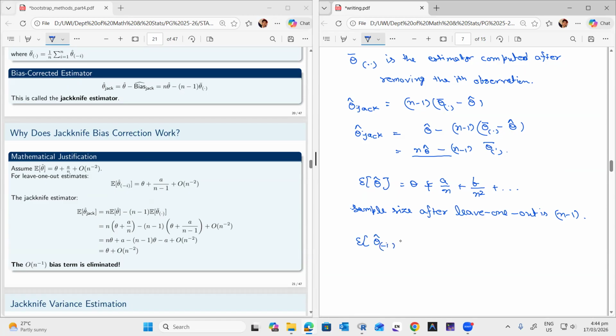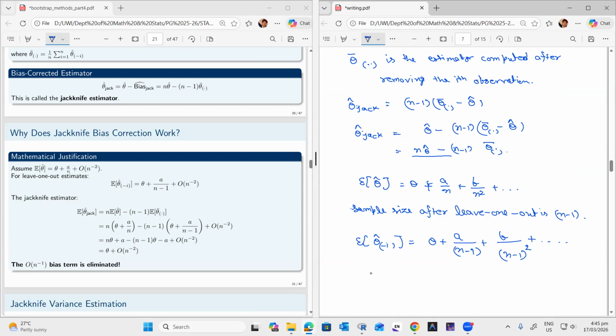The ith observation we are going to remove, that will be theta plus a upon n minus 1 plus b upon n minus 1 whole square. Yes or no? All right, instead of n or n square, we will have n minus 1 and n minus 1 square and so on. Okay, so averaging over the i, and the same holds for the theta bar dot.